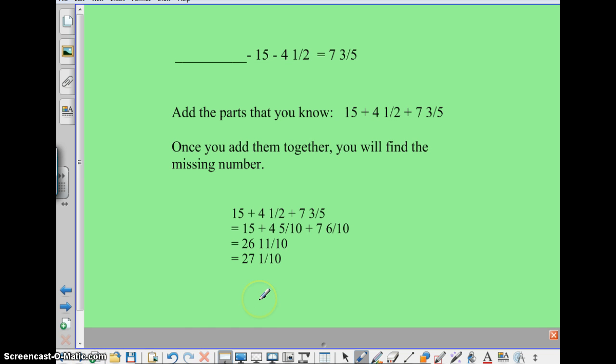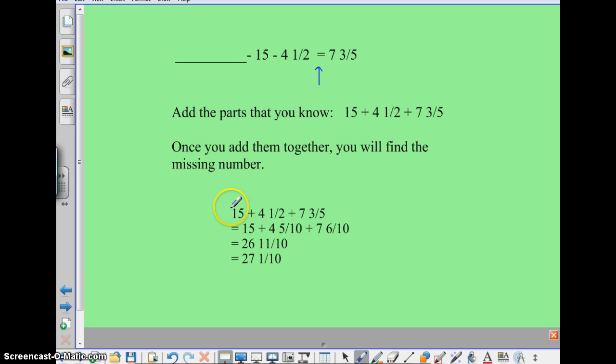Then this is the other type of problem they're going to be showing you, where you have something minus 15 minus 4.5 equals 7 3/5. So again, you add what you know, even though this is on the opposite side of the equal sign, add it all together and you'll find out the missing piece.